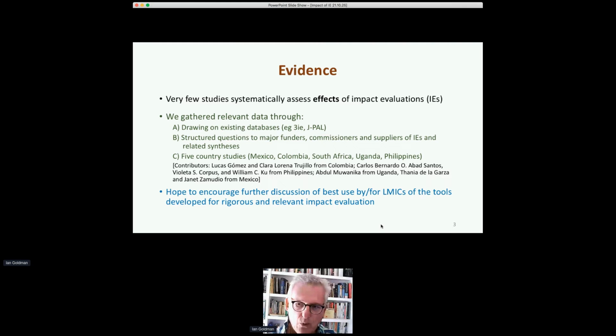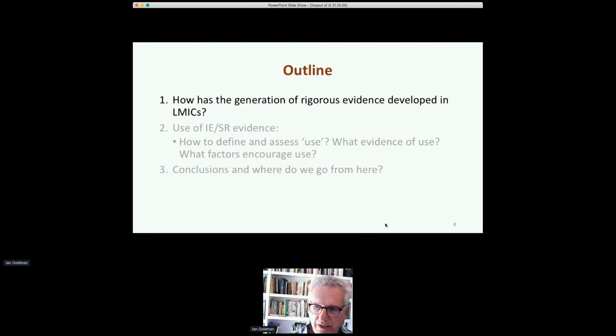We used existing databases, particularly 3IE's, but we also spoke to 54 individuals in major funders, commissioners and suppliers of IEs. We did 5 country case studies and tried to promote further discussion on this.